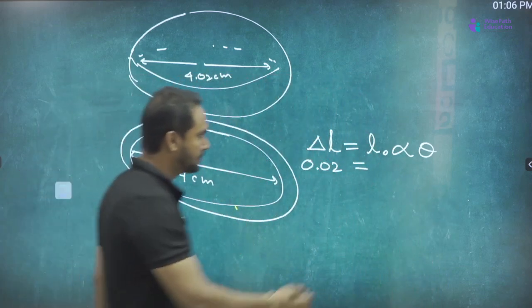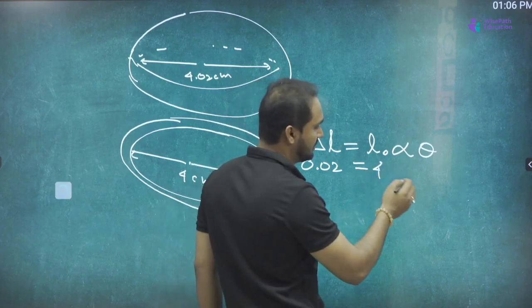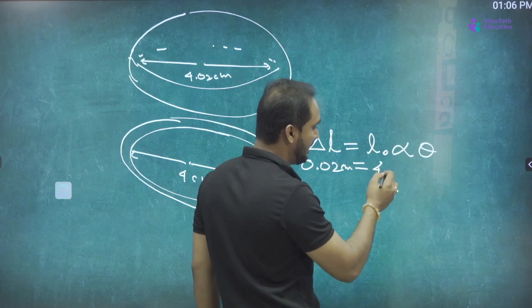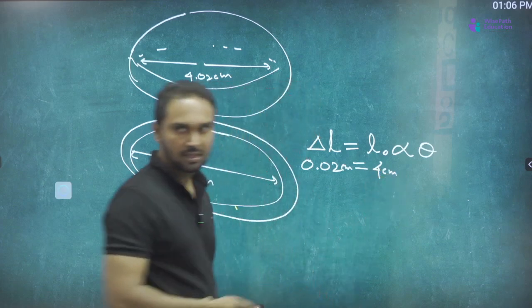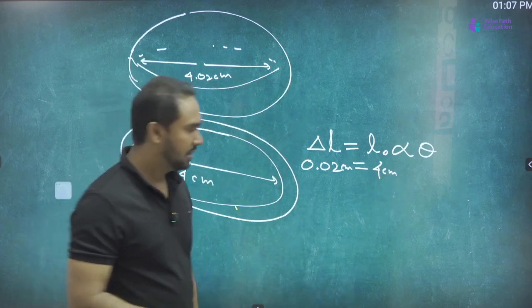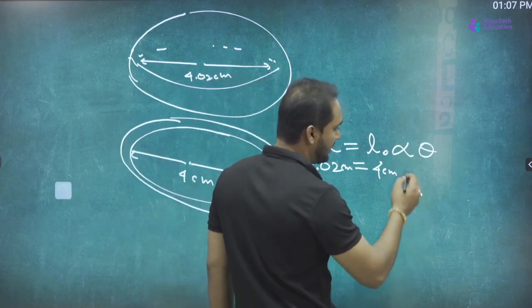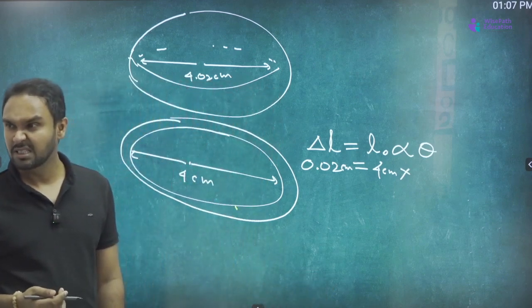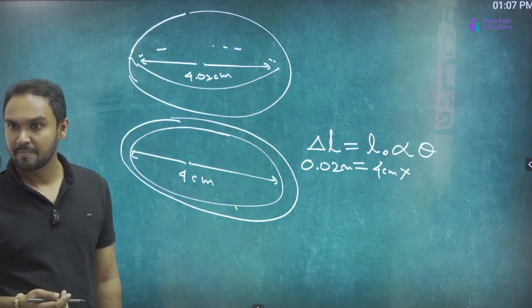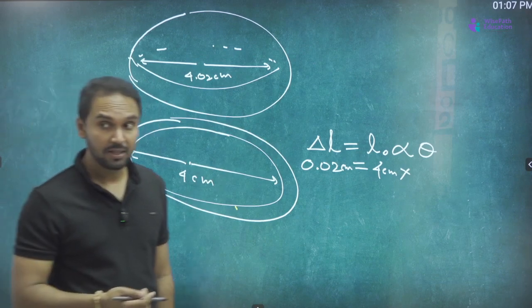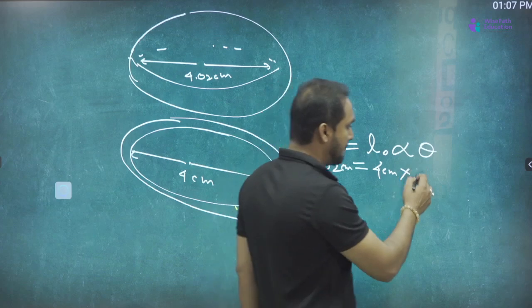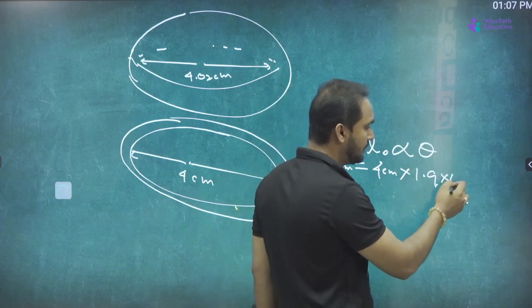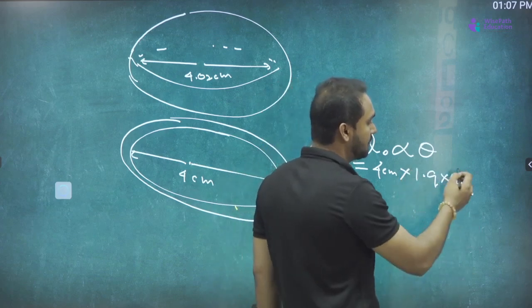So it's 4. So this is 4 centimeters. This is centimeters and this is centimeters as well. So no worries. They will cancel each other and the answer will be the same. And the alpha is what? 1.9 into 10 to the power minus 5.